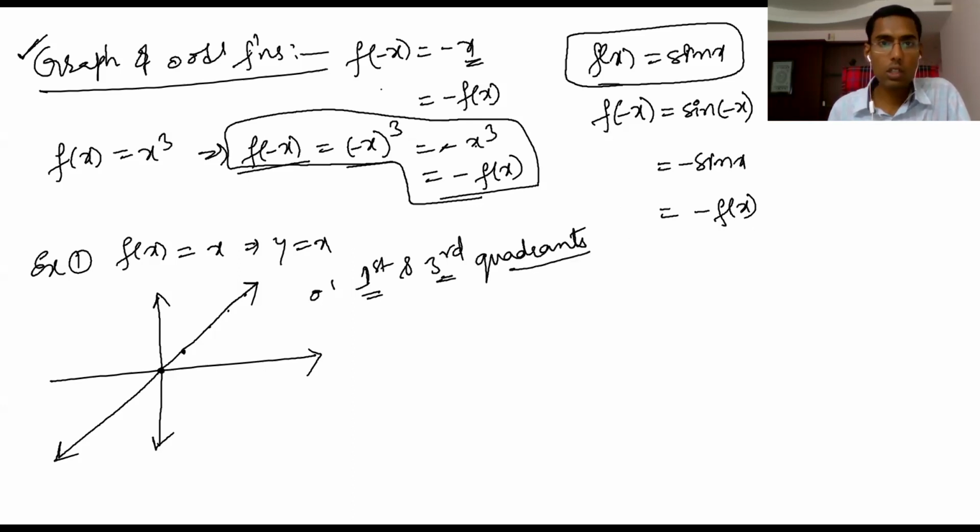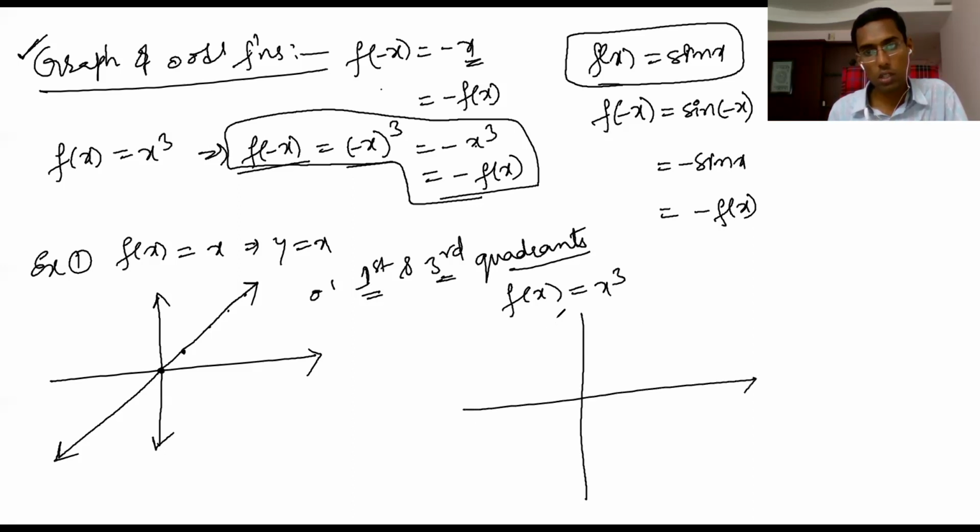Also we can see the graph of f of x equals x cube. It is like this: 0 gives 0, 1 gives 1, 2 gives 8, and it will go like this.